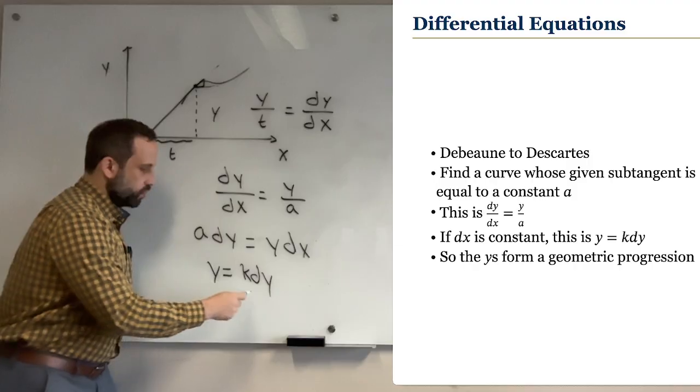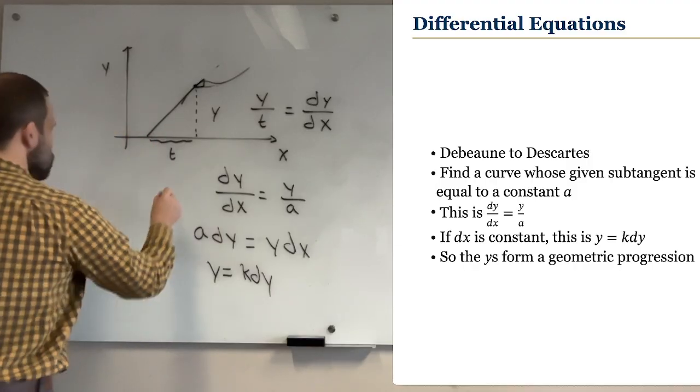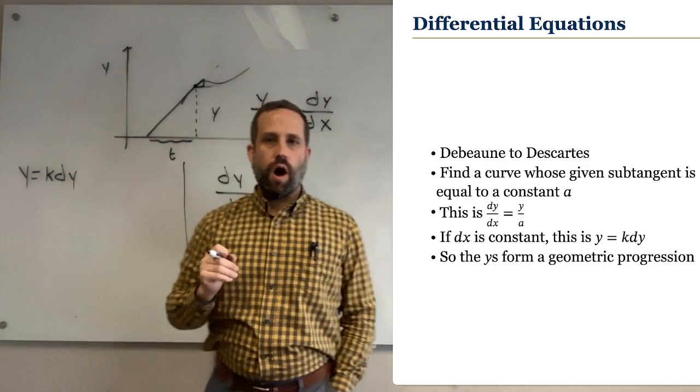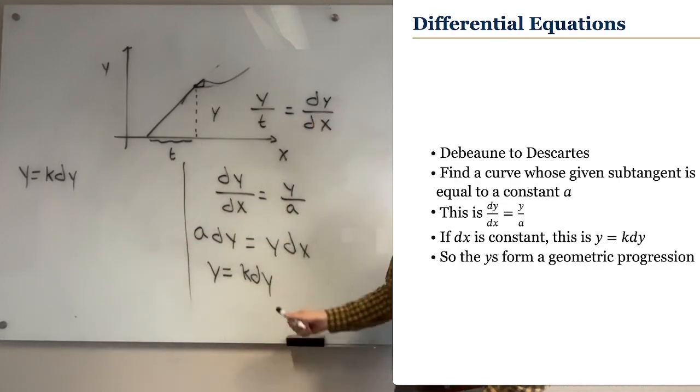That y is equal to k times dy, where over here k would be equal to something like a divided by whatever this constant value of dx is.